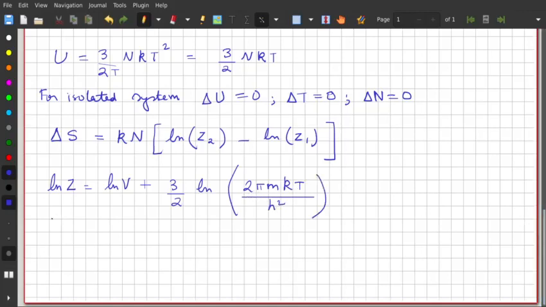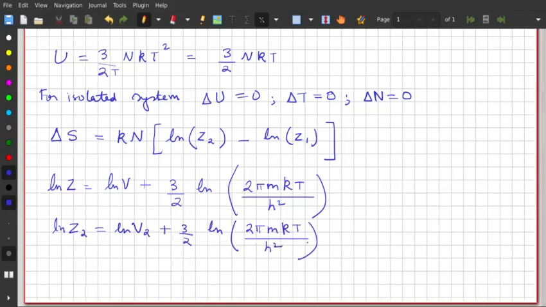If we do it for the two states, the end state comes to log V2 plus 3/2 log (2 pi m k T by h squared), and for log z1, log V1 plus 3/2 log (2 pi m k T by h squared).